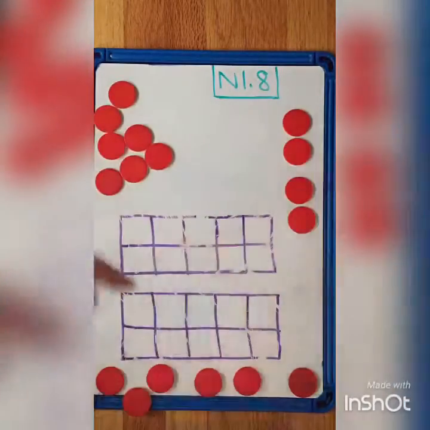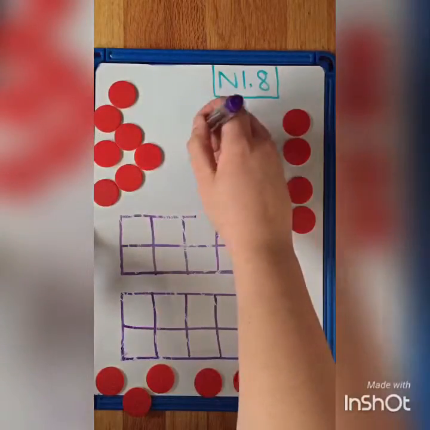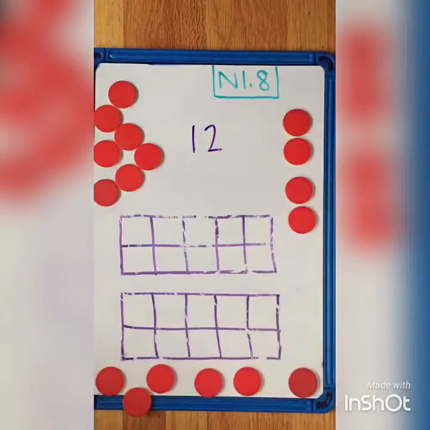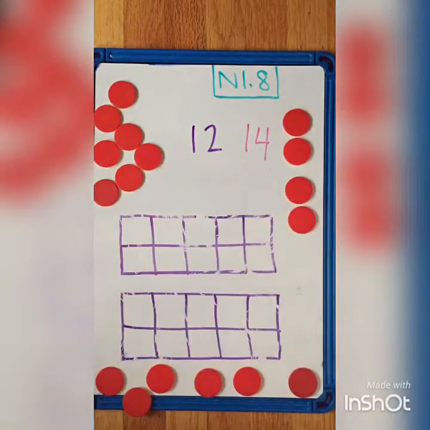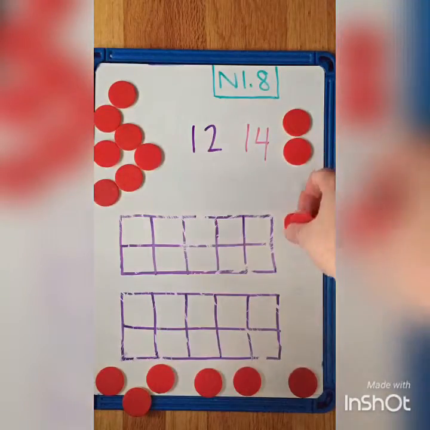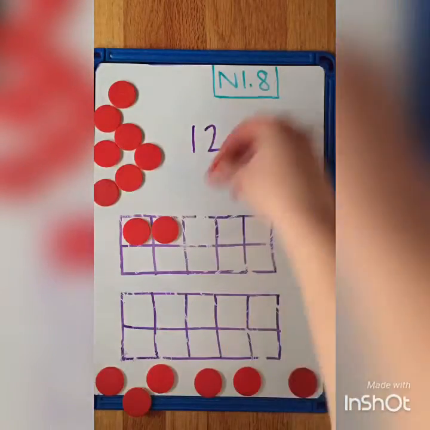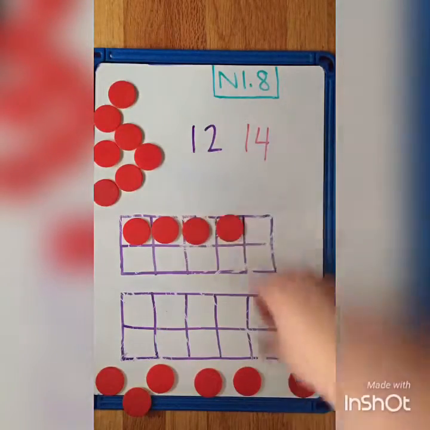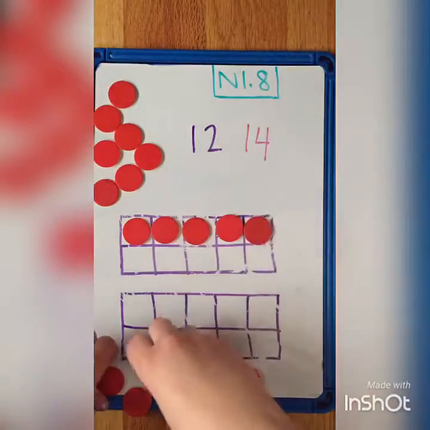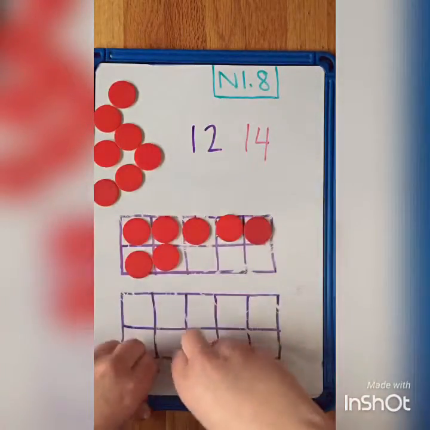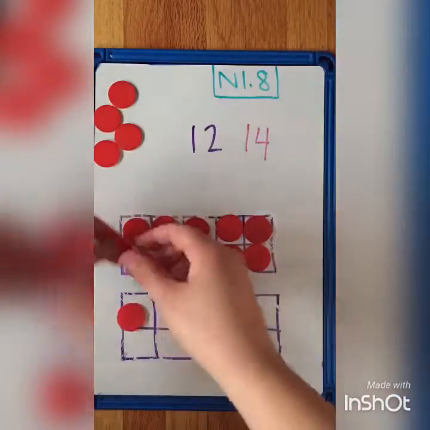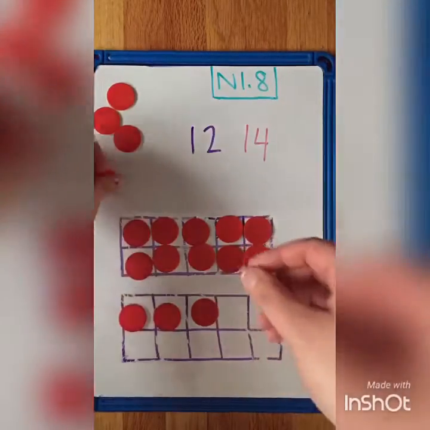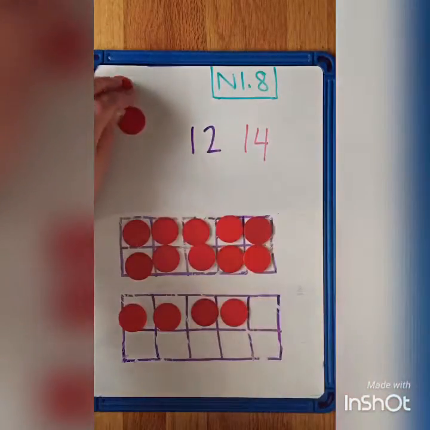12, you could give them 12 and make it more difficult and just go right to a number 2 numbers bigger. So it would be 14, and you'd get them to represent it on the 10 frame once again. 10, 11, 12, 13, 14.